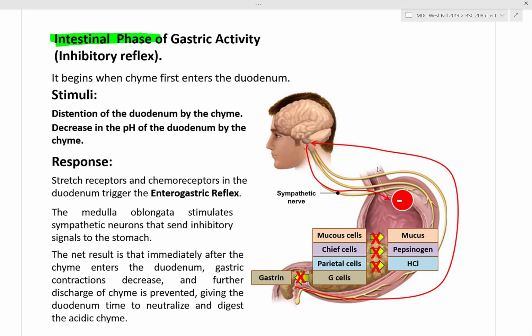So if you're preoccupied with other things, if you have a fight or flight response, a distension of the duodenum, or entry of chyme, or there is a decrease in the pH of the duodenum by chyme, then this response is a negative, inhibitory effect on all the cells listed before, which are mucus cells, chief cells, parietal cells, and G cells.